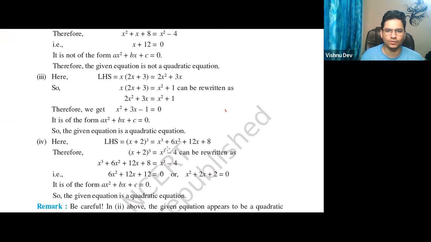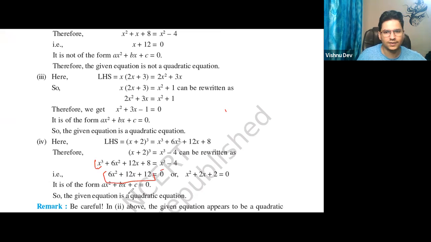So this is the formula. Here there is x cube, and the RHS is also x cube. So if you transpose, x cube minus x cube will become 0. So we are left with this only.